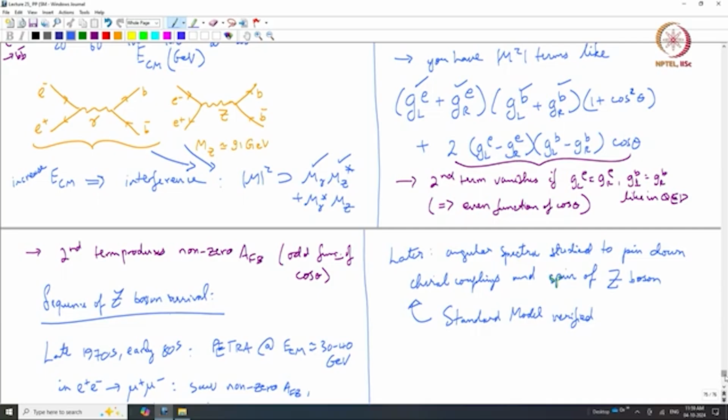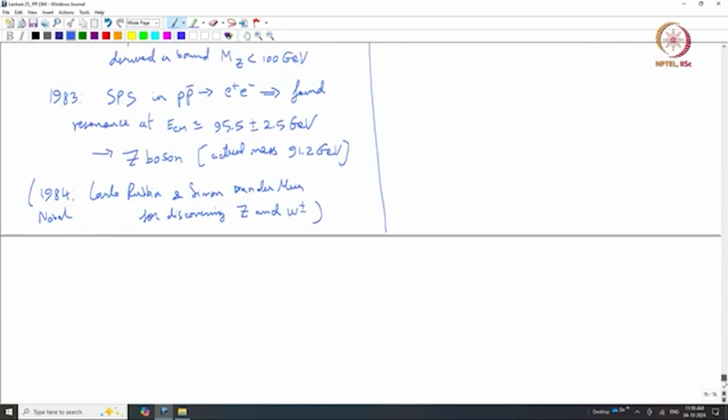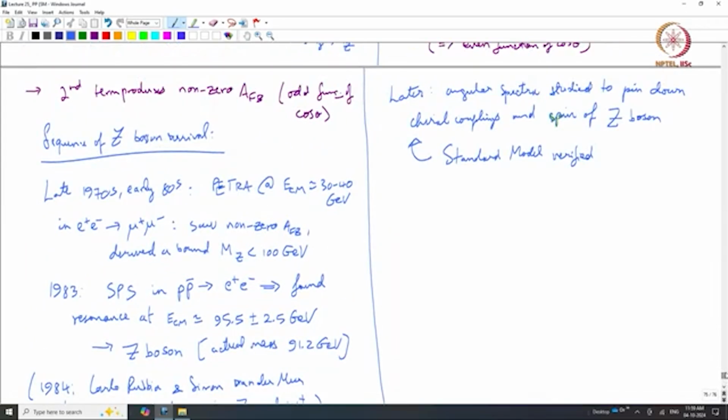Okay. Now one interesting bit of history here is that, see, only in 1983 SPS was built to directly discover the Z boson, right? But already people were convinced that this entire picture with the Z and W bosons was correct, so that they already gave the Nobel Prize to the people who formulated the Standard Model, the Standard Electroweak theory.